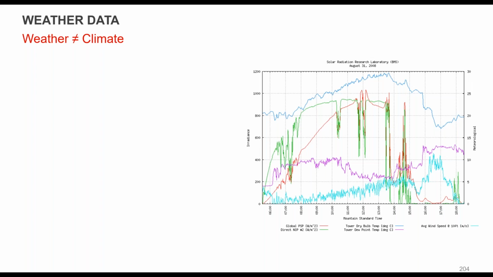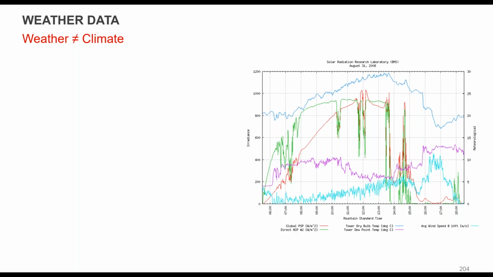Weather data. It's one thing to talk about whether the weather and climate are not the same thing, and so we need to understand what we're doing and how we're using data to be able to understand that. This chart is an example of what's happening for a 12-hour period at one of the national labs in Colorado.